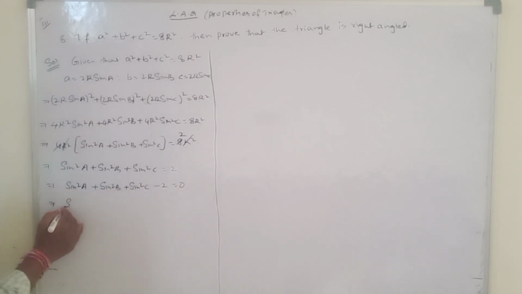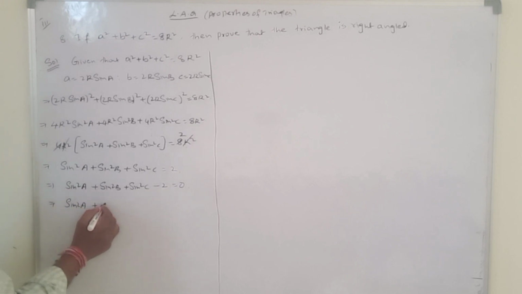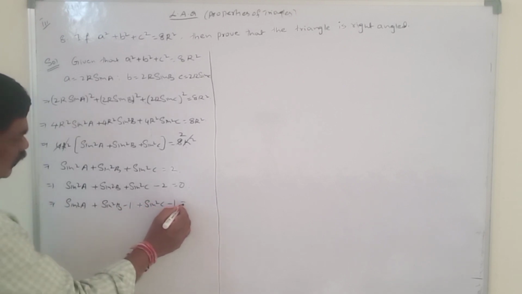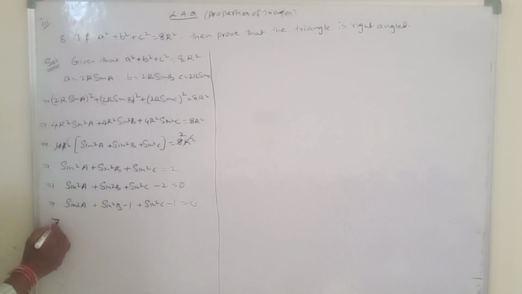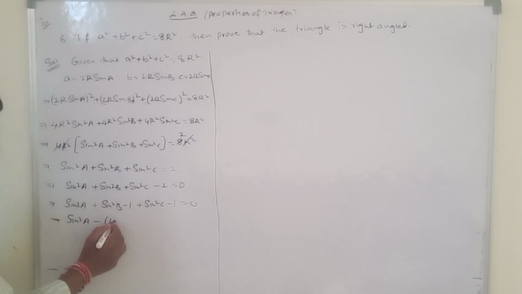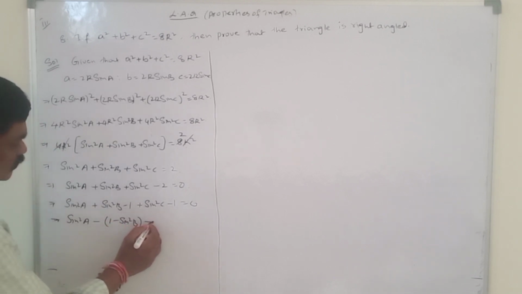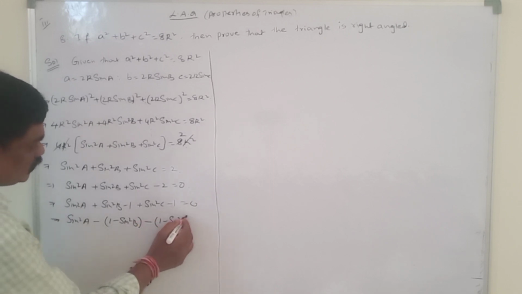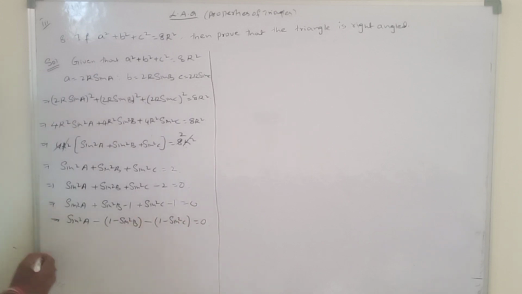So we write sine square A plus (sine square B minus 1) plus (sine square C minus 1) equal to 0. This is sine square A minus (1 minus sine square B) minus (1 minus sine square C) equal to 0.